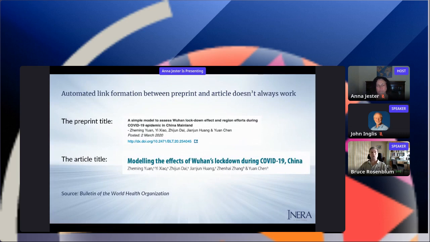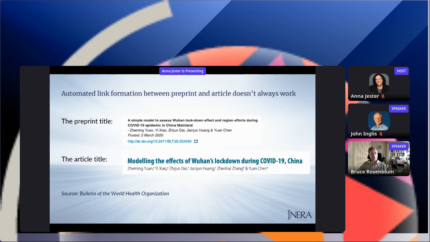So another thing to keep in mind with preprints is that when a preprint is posted, it has a title. When the article is finally accepted into a journal and published, the journal publisher is going to typically deposit a new DOI for that. And Crossref has a system where it can look at the authors and the title to try to match them up.